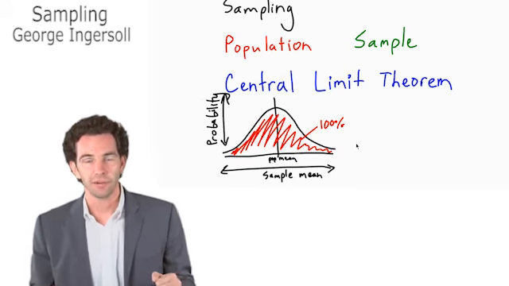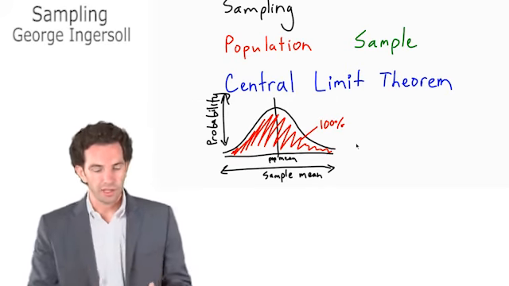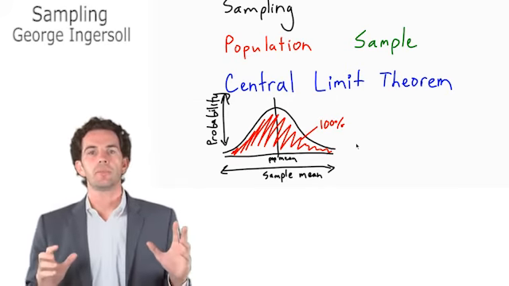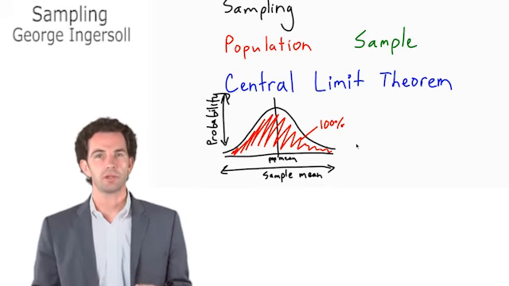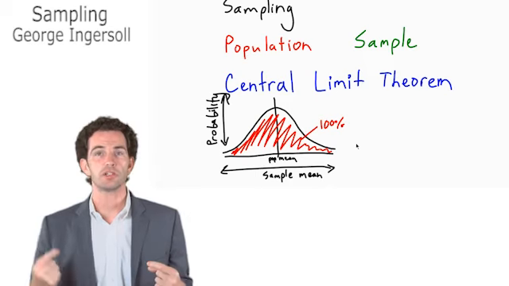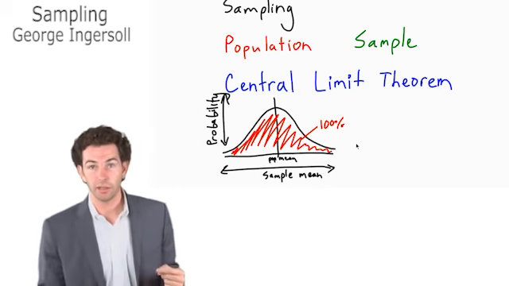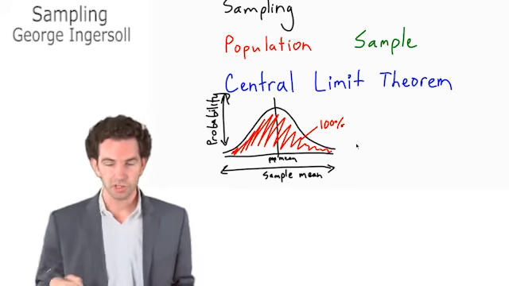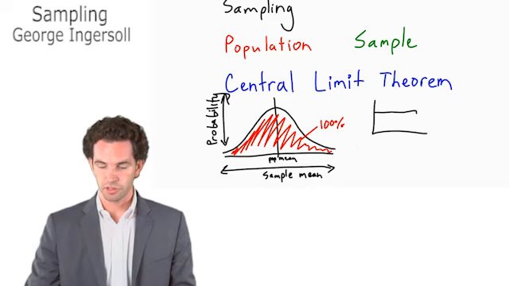Really important point here. This is true. The fact that the sample means will be normally distributed around the population mean is true no matter what the distribution looks like for the population. In other words, the distribution of values in the population could be a uniform distribution.